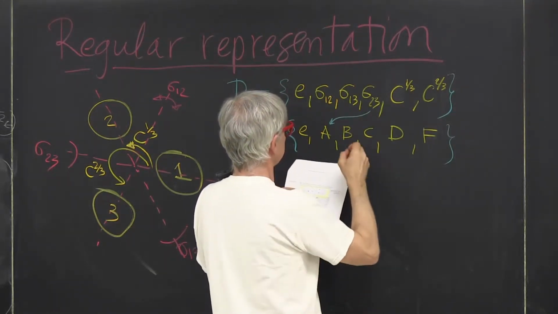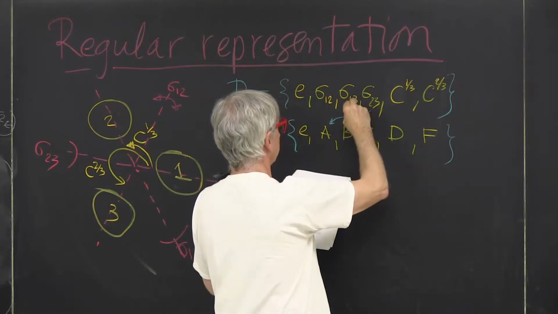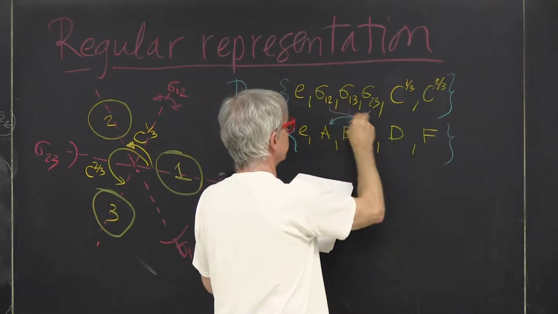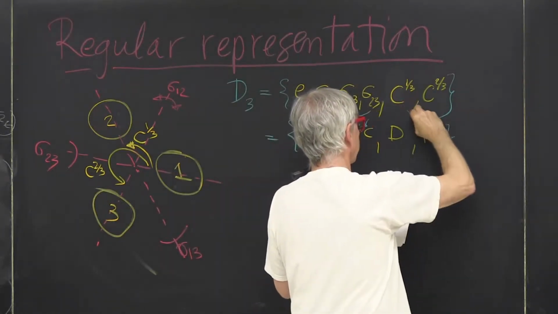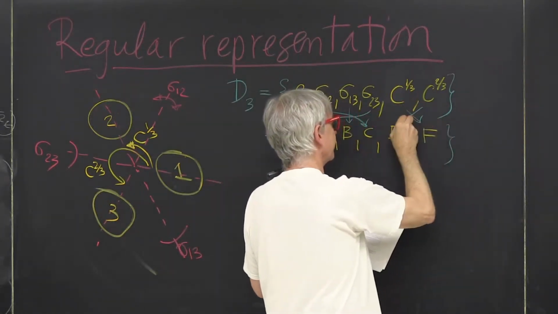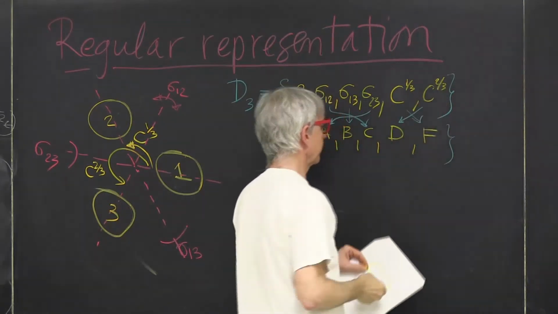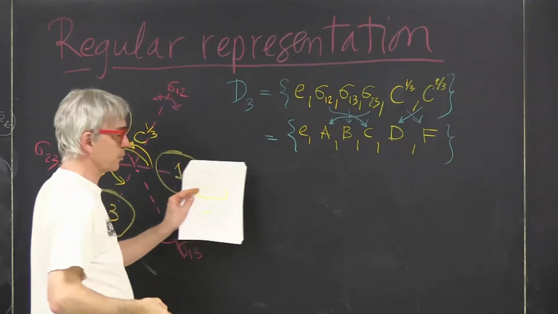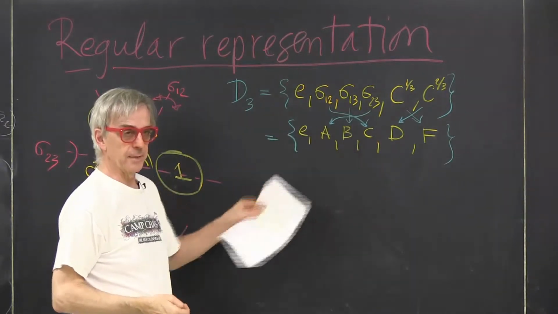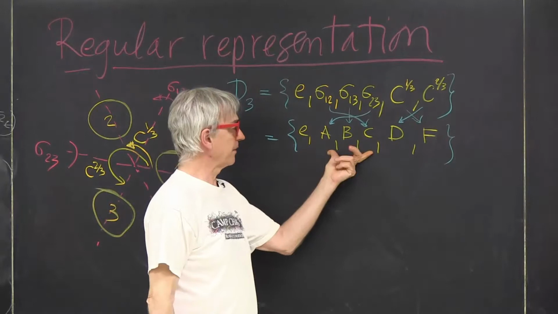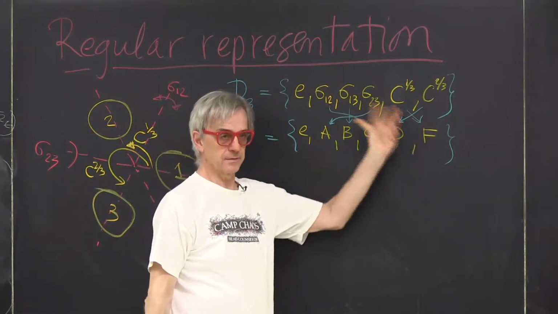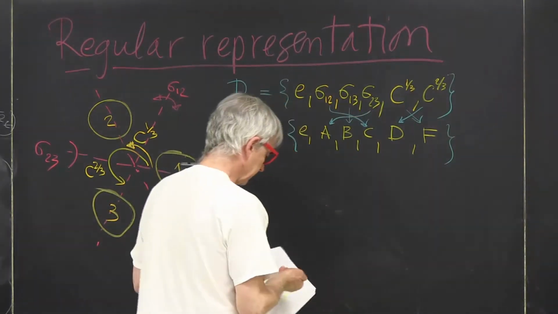This is B, and this is that. And this is rotation by 1/3 circle, and this is rotation by 2/3. And this is just to be correct, but it doesn't really matter. The only thing that matters is there is one identity, there are 3 flips, and there are 2 rotations. But the way I'm doing it, I'm being very explicit.